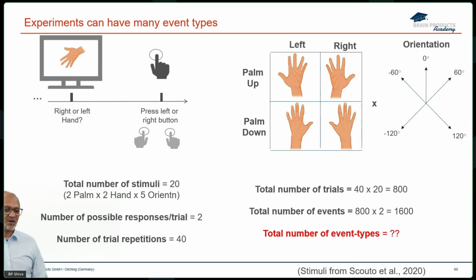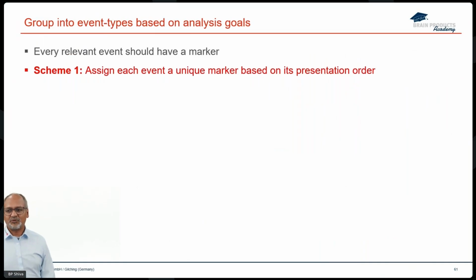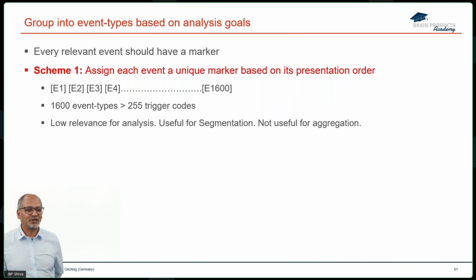So what is the total number of event types? Now every relevant event should have a marker. One naive scheme could be to assign each event a unique marker based on its presentation order.